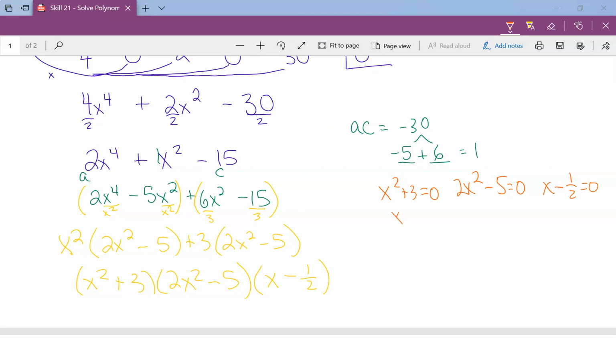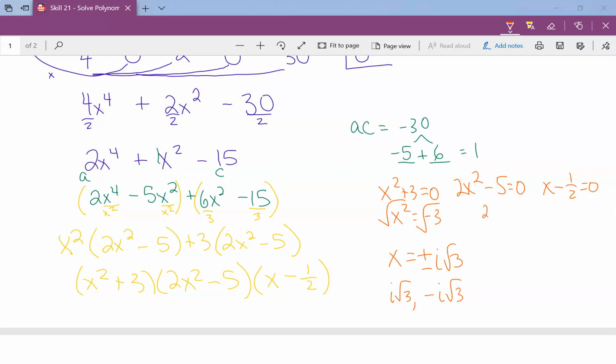First one, I'm going to subtract 3 from both sides. And then I'm going to take the square root. I've got an imaginary number here, so I'm going to have plus or minus i radical 3. So think of that as i radical 3 and negative i radical 3.